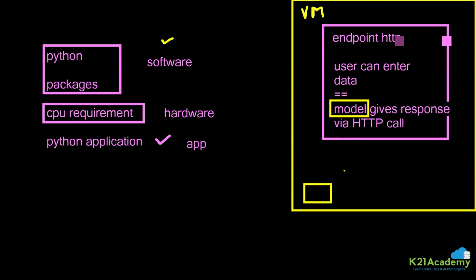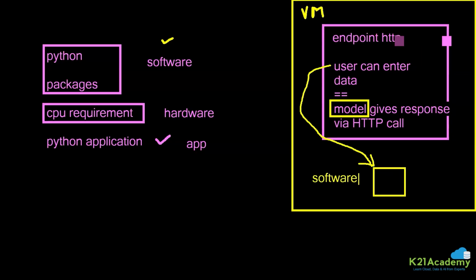Whenever I want to run this model, suppose the user has asked a question and it goes to the model. But the model should already have the software and hardware, so that we do not have any compute or compatibility issue.